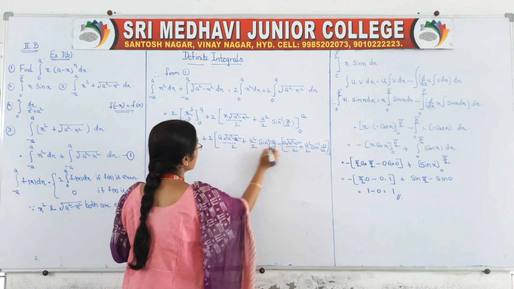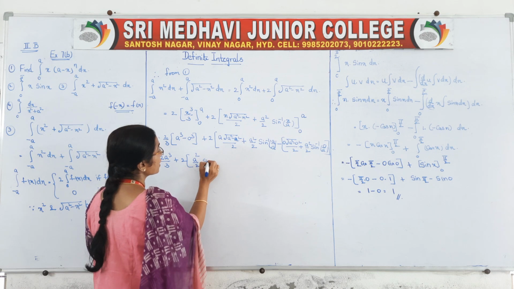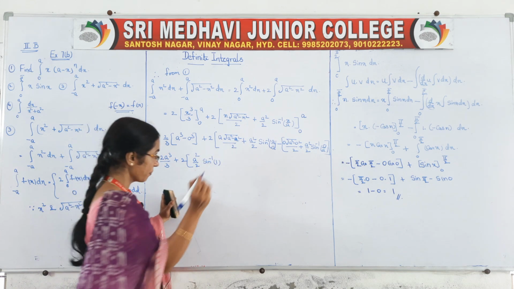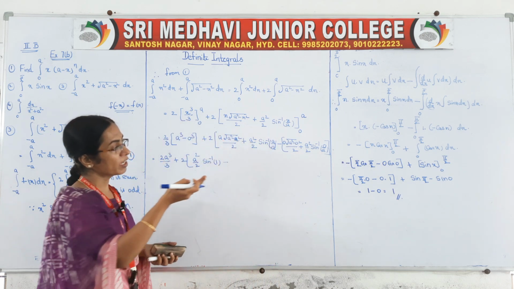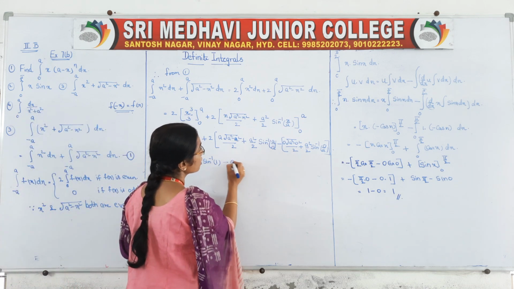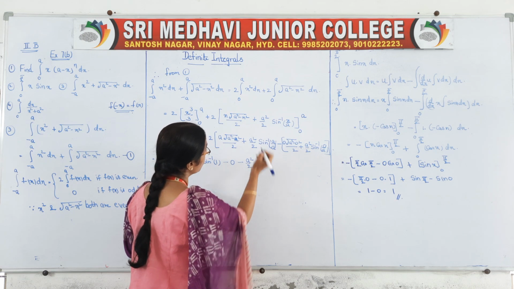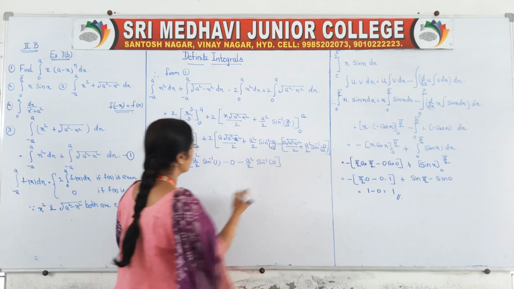So now this one is a square by 2 sine inverse 1, since a by a is 1, minus 0, the same thing, 0 into anything is 0, 0 by anything is 0. So next, minus a square by 2 sine inverse of 0.